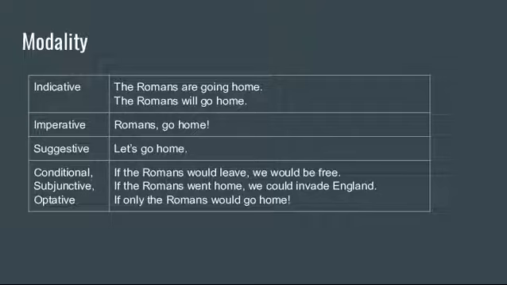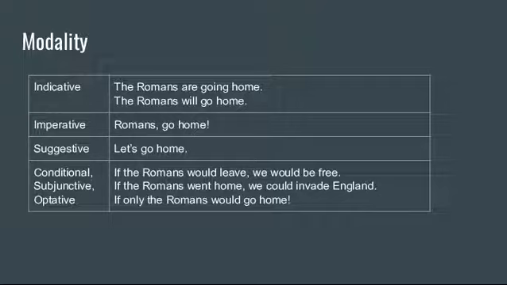So indicative. In English, this is a mood that's just indicated with regular garden variety function words, regular verbs and helping verbs. An example is the Romans are going home, or they will go home, future tense. Romans did go home.